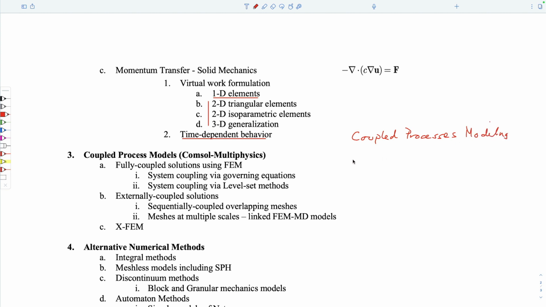And sometimes they use an acronym for it, which is THMC, where each of these refer to chemical reaction, mechanical compression, I guess deformation would be a more useful term, hydraulic flow.